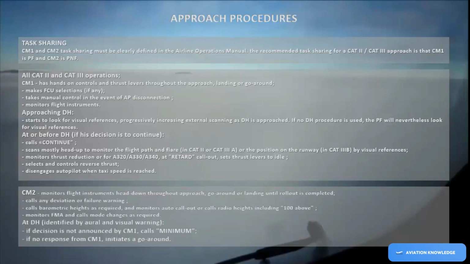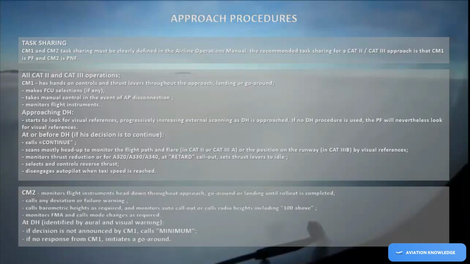At or before decision height, if his decision is to continue, he calls continue, scans mostly head up to monitor the flight path and flare, in CAT-2 or CAT-3 Alpha, or the position on the runway, in CAT-3 Bravo, by visual references, monitors thrust reduction or, for A320, A330, A340, at retard callout, sets thrust levers to idle, selects and controls reverse thrust, disengages autopilot when taxi speed is reached.